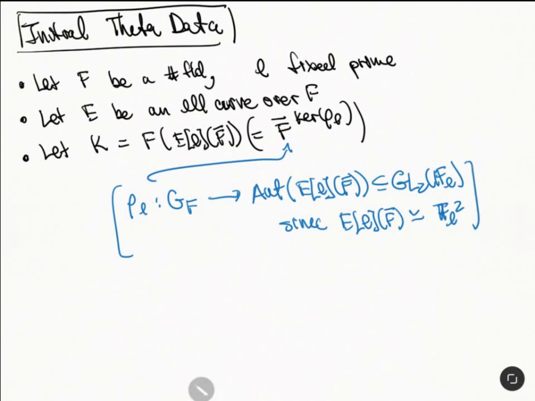So the kernel of this map defines a subgroup here. The fixed field of this is also going to be the torsion.